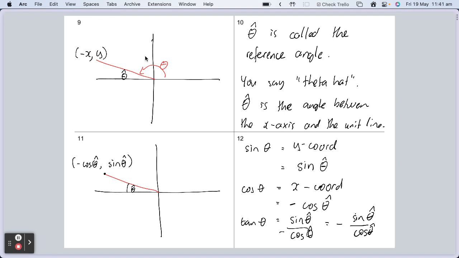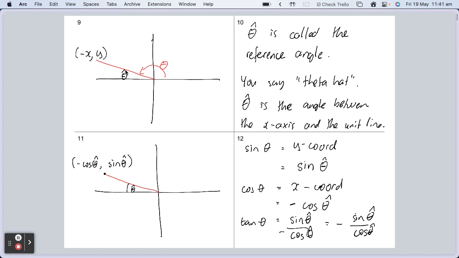It's away from the x-axis in an anti-clockwise direction, by an angle of theta, and that gives us a unique xy position. So in obtuse land, between pi and pi on 2, theta would give us a negative x coordinate and a positive y coordinate, which means cosine is negative and sine is positive.